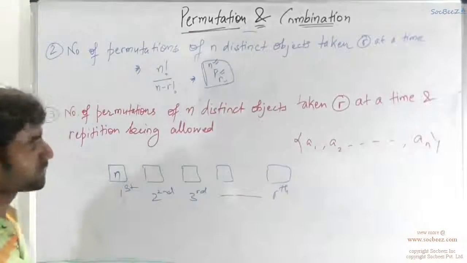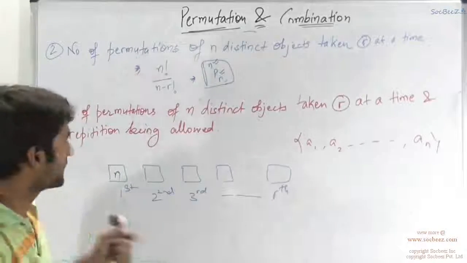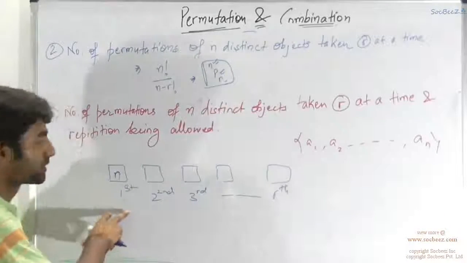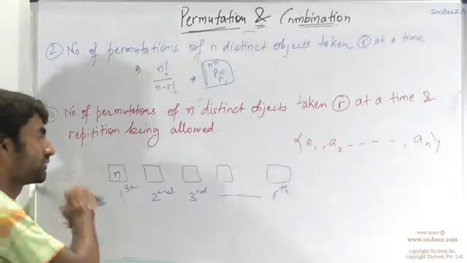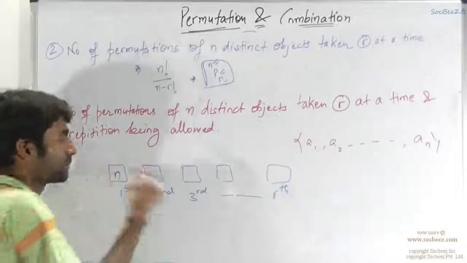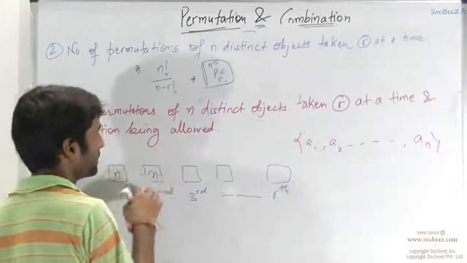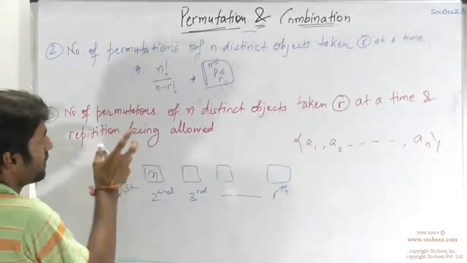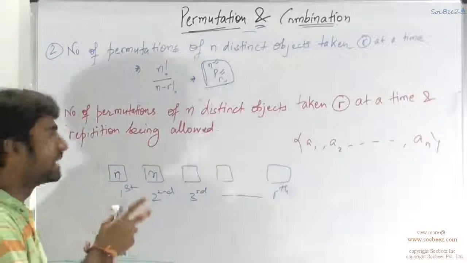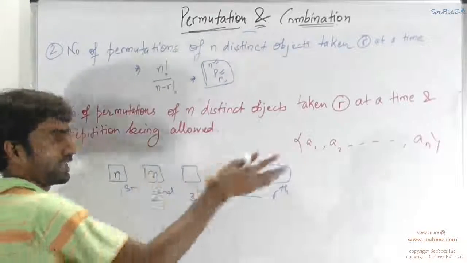For the second position also you have n choices because it doesn't matter which number you had taken at the first position. As repetition is allowed, you can choose the number you chose at the first position at the second position as well. So you have n possibilities. Still, it doesn't matter, you could choose the same number which has been chosen in the first two positions again over here, or any of the remaining.